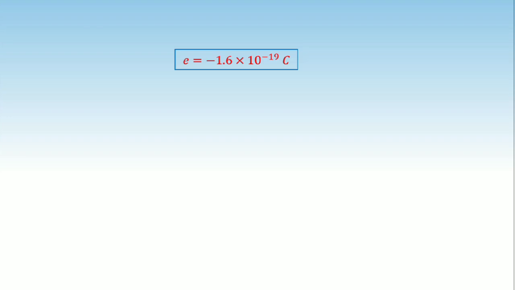So he said the smallest possible charge is 1.6 × 10^-19 coulomb. So this must be the charge of one electron.